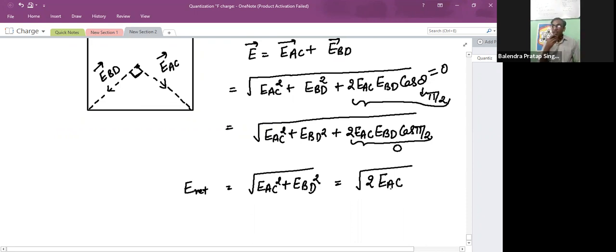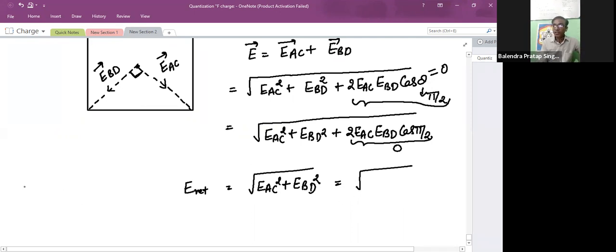And what is the value of EAC? You can directly write all these values, otherwise you will get confused.